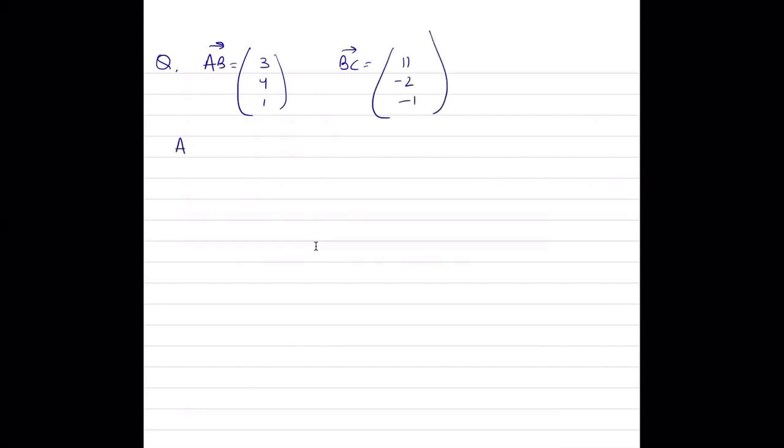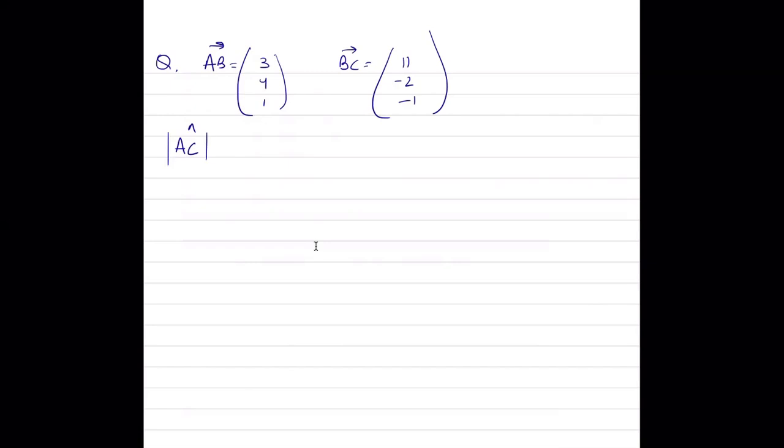Similarly, if I extend the concept to 3D vectors now, if AB is 3 4 1 and BC vector is 11 minus 2 minus 1, and the question says find AC hat, the unit vector in the direction of AC.